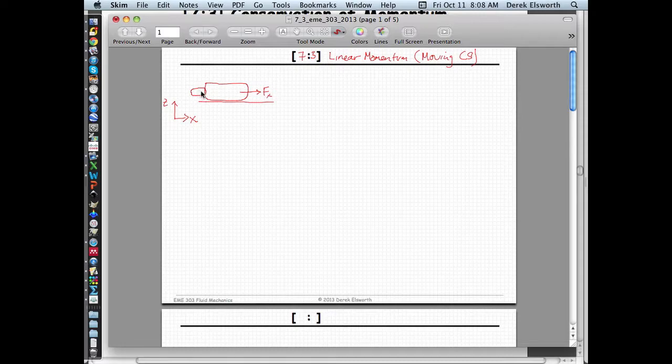Let's define the fact that we've cut the head off this, and there's a velocity coming out, and we can just call that whatever. Let's call it 1 meter a second, and let's have the mass rate at that velocity be 1 kilogram per second.